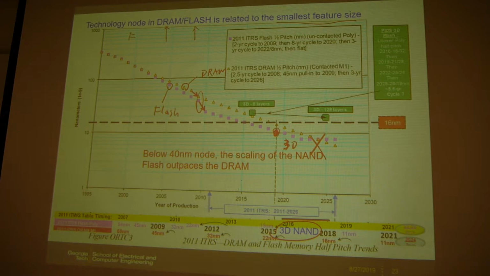Excuse me, Professor. Why can the flash gate length really scale down to 12 nanometer, but the logic gate length is still tens of nanometers? There are different design specs you want to meet. For the flash, speed is not the priority, so you can use thicker gate oxide.